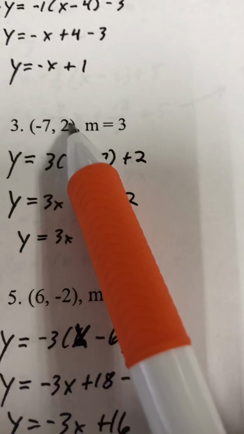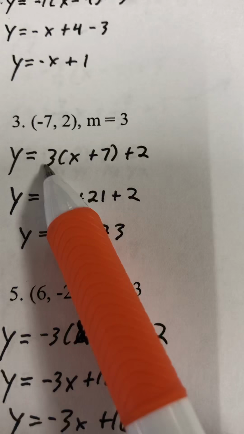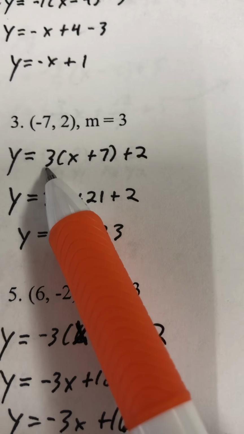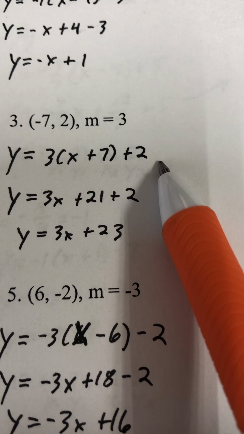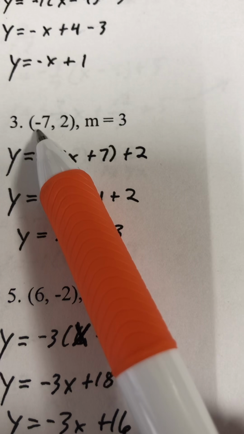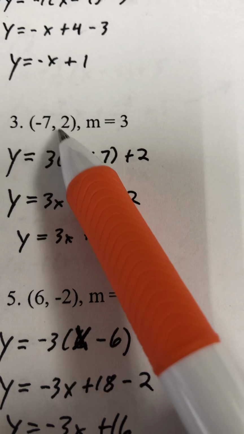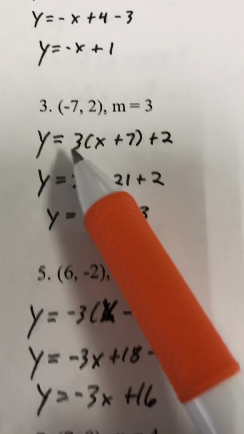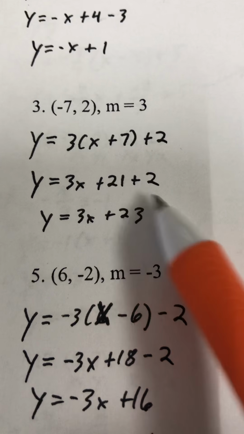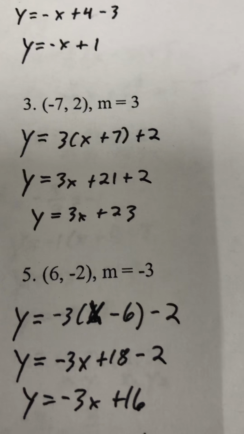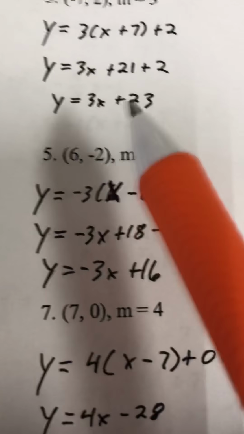Here's my x1, y1, and I just plug in my m, my slope, my x1, and my y1. Remember, subtracting a negative becomes positive, and this is my plus my y1, so just leave that the same. Use the distributive property, and I end up getting this. Number 5.